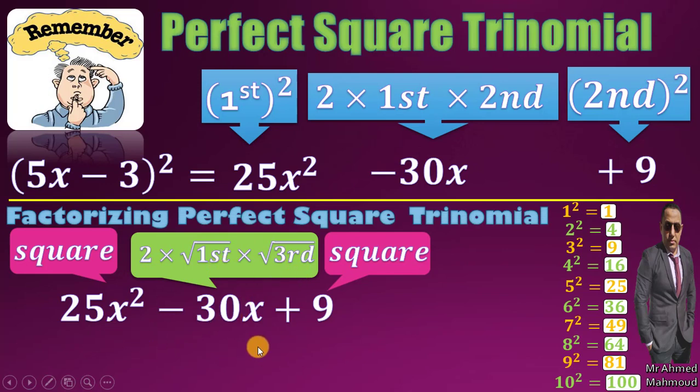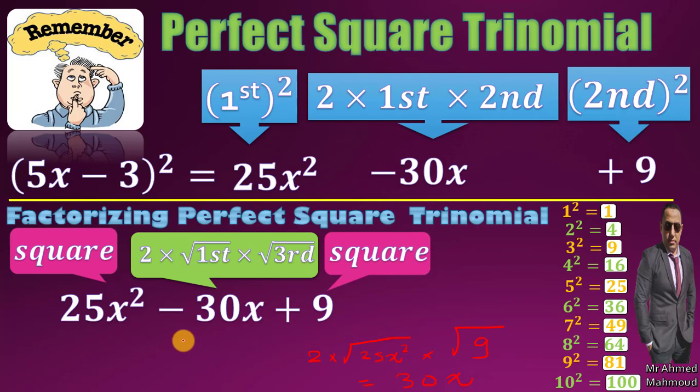For example, here 2 times root 25x to the power of 2 times root 9. 2 times root 25 equals 5, and root 9 equals 3. 2 times 5 times 3 equals 30, and root x to the power of 2 equals x.